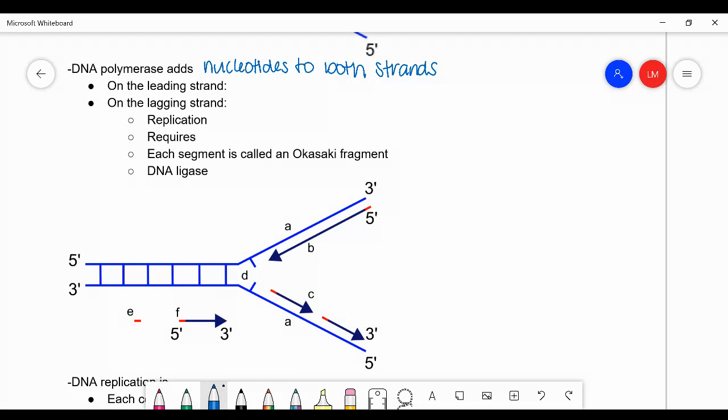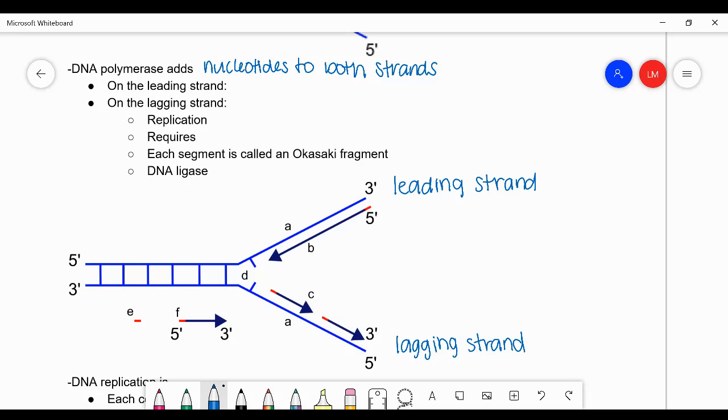If we look at our diagram down here, the strand that is 3' to 5' is called the leading strand. And the one that is 5' to 3' is called the lagging strand. These names are a little bit misleading because replication, if we look at the speed, is about the same on both.